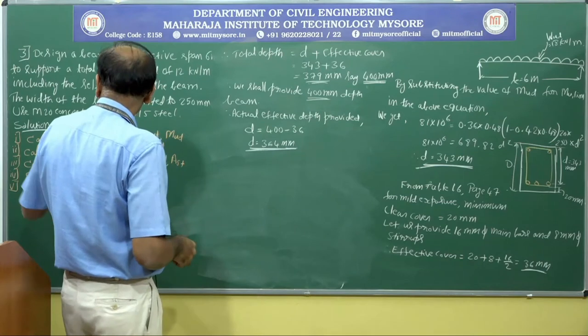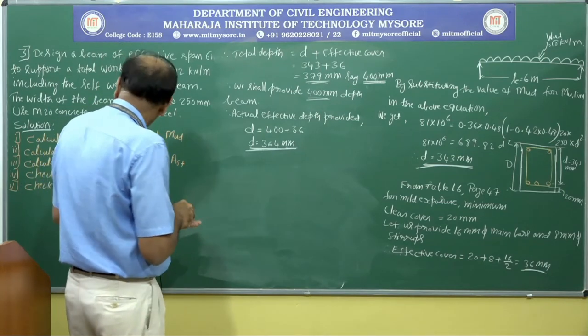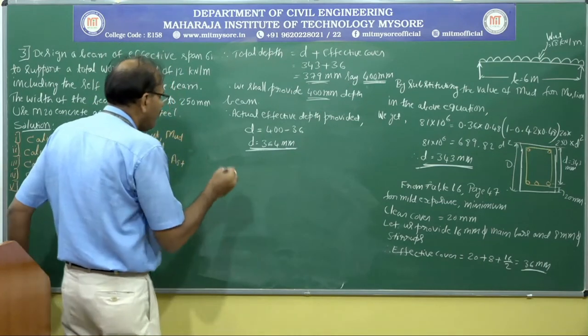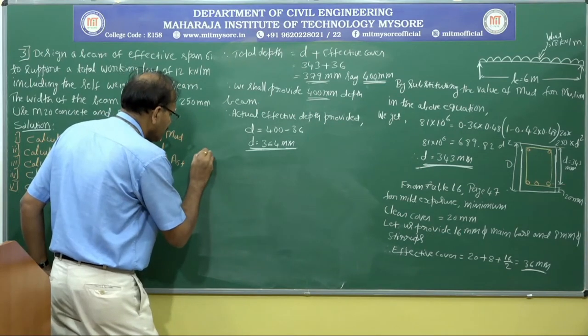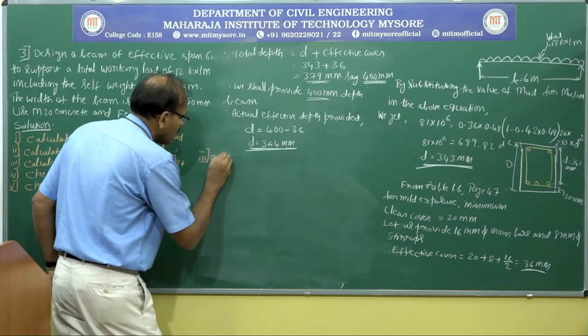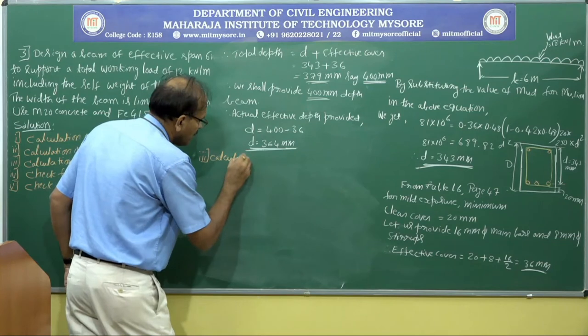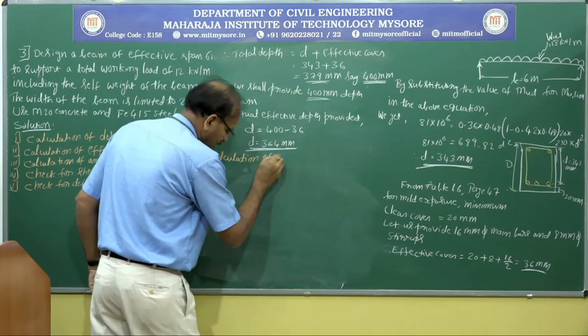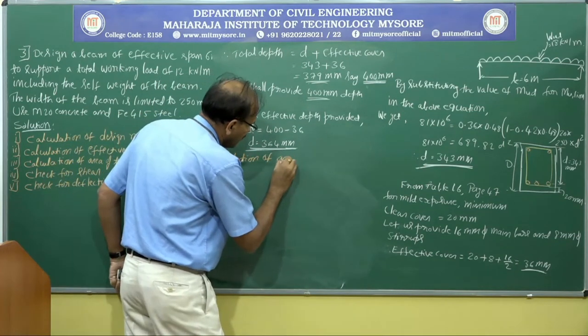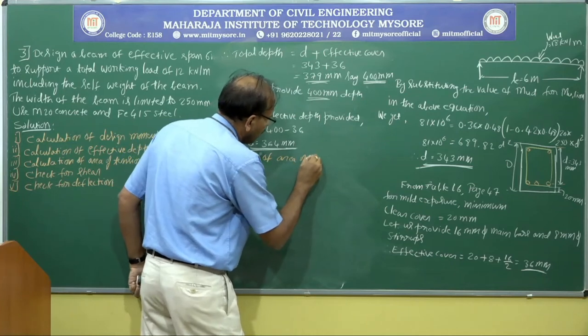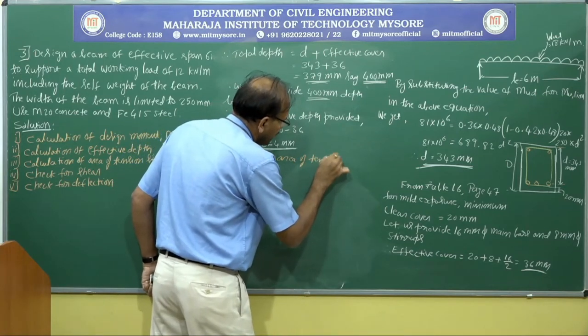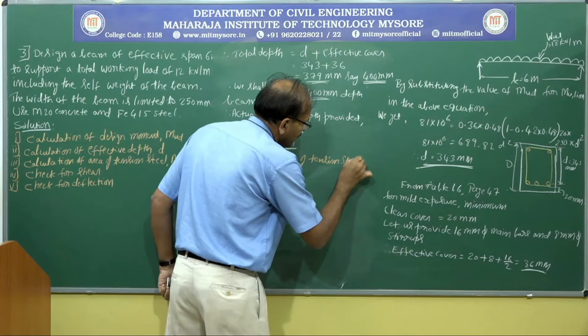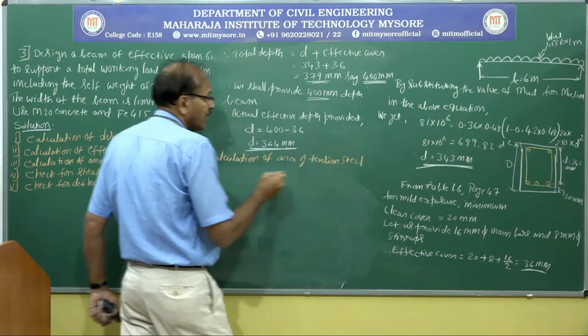So, the next step is calculation of area of tension steel, AST.